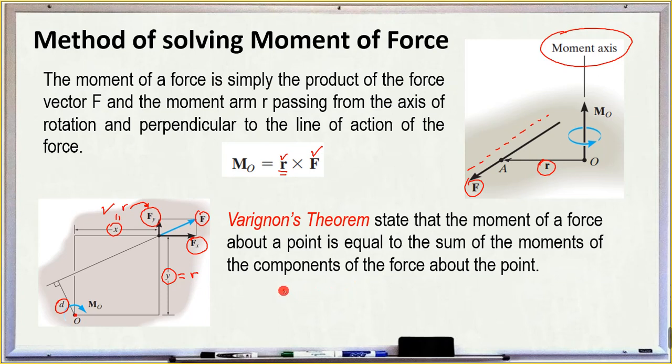So meaning ana, the moment along O is equal unta sa ato ang force times the distance, given that we don't have a value for D. Now, thanks to Varignon's theorem nga ang sum of the moments is equal to the sum of the moments of the components of the forces about that point, then we can express F times D into Fx times Y plus Fy times X. Okay, so this is Varignon's theorem in a nutshell.